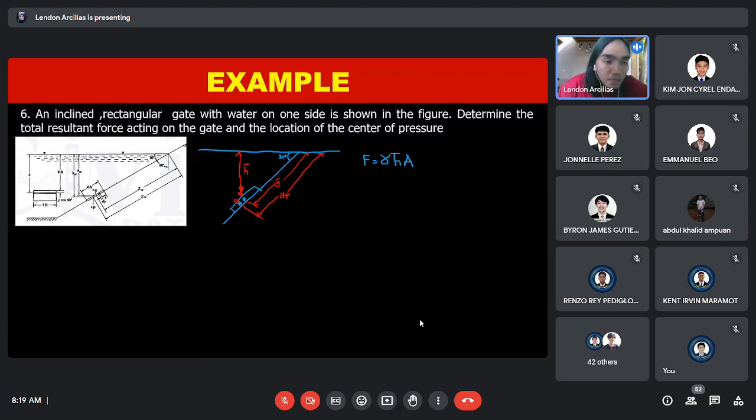Ang ibig sabihin lang nitong 5 feet para malaman kung ano yung width dito. So, 5 feet. The rectangle here is 4 feet height and 5 feet width. Okay? This is 4 feet and this is 5 feet. Gets ba?